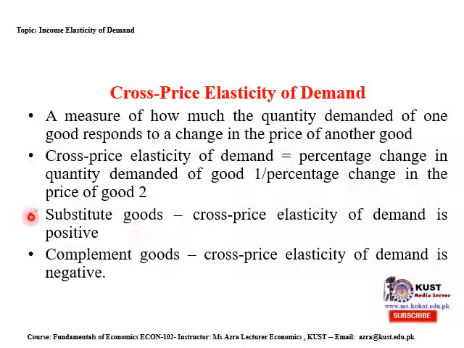Substitute goods are those goods for which alternatives are available. For example, if you are going to consume tea and coffee, let's suppose price of tea increases, the best alternative will be coffee. Complement goods are those goods which are always used jointly. We can also call them joint goods.